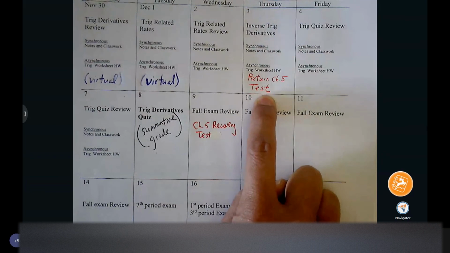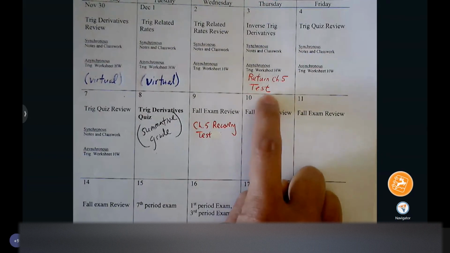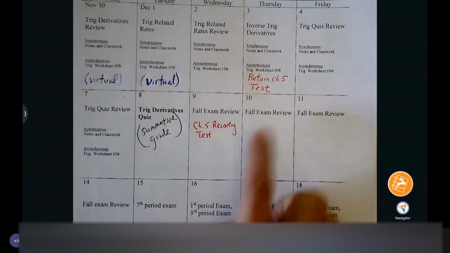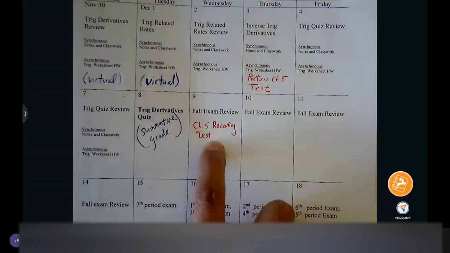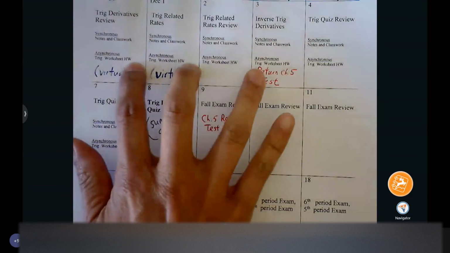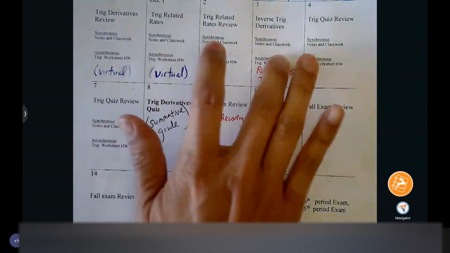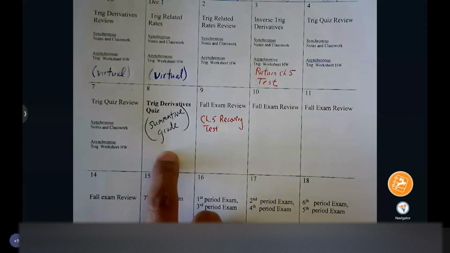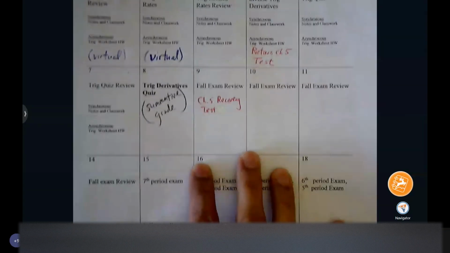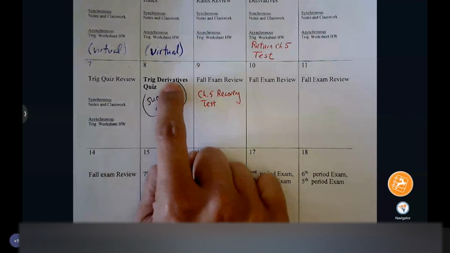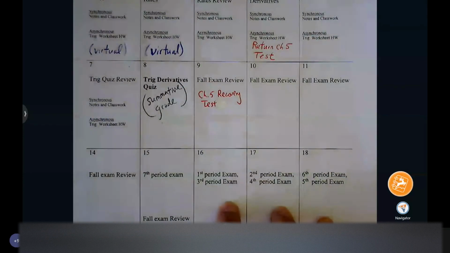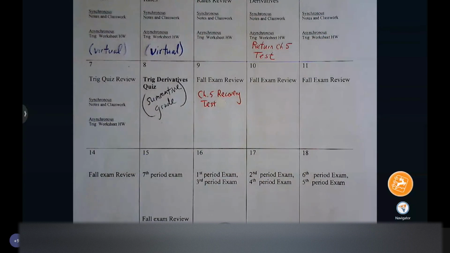For those of you who are interested and want to do recovery, I'll give you details tomorrow. Recovery test is next Wednesday. The trig quiz over these two topics, derivatives, related rates, and inverse trig, is next Tuesday. And recovery for the trig quiz is going to be within the final exam. So within the final exam, we'll have a section with trig derivatives.